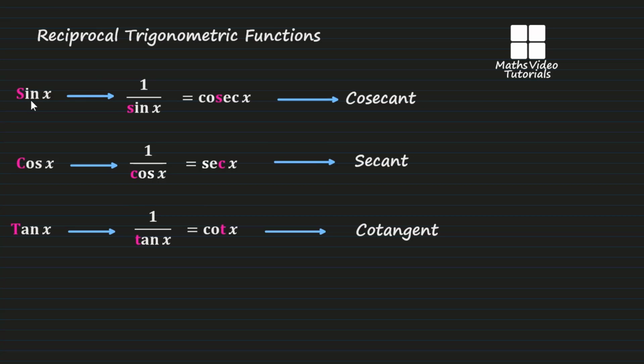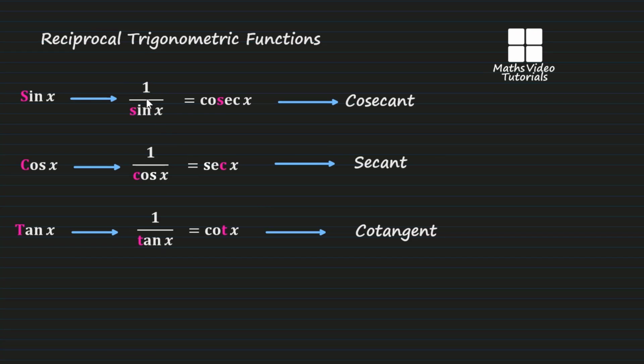So for the reciprocal of sine, cos, and tan, you divide each function into 1, like so. And they are given names: cosec x for the reciprocal of the function sine x, sec x is the reciprocal of the function cos, and the cot x function is the reciprocal of the function tan.